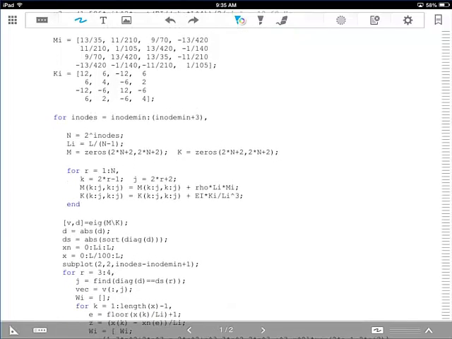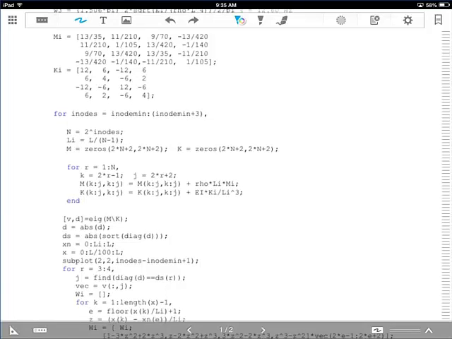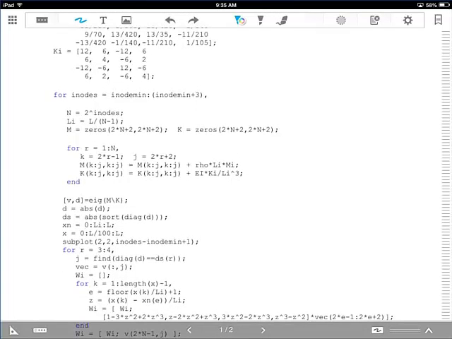So you end up with an M matrix that's 2n plus 2 in terms of dimensions. M and K are both that size. And you do the same thing we did before. You initialize those matrices to 0, and then go through and insert these Mi matrices times rho Li, and in this case, EI over Li cubed.